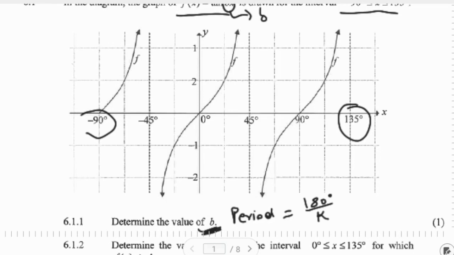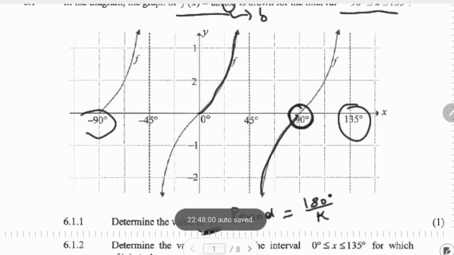Okay, so if you remember, the tangent graph is this first half and the second half. If we have those two pieces where it ends, that is our full cycle. So this tangent graph is making a full cycle at 90.